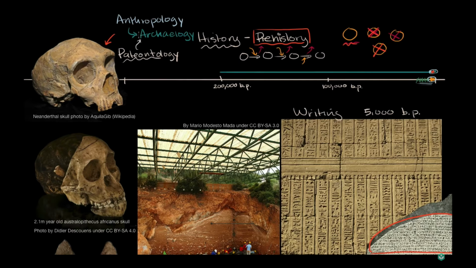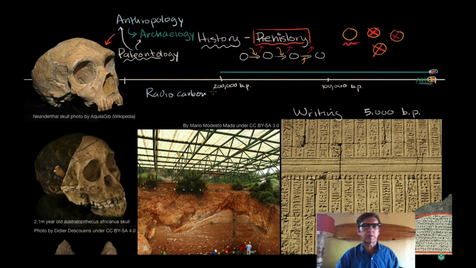And so it might inform archaeology and anthropology. So for example, an archaeologist might unearth this Neanderthal skull. They will use some science in order to figure out when this skull entered into the ground. They might use a technique like radiocarbon dating.